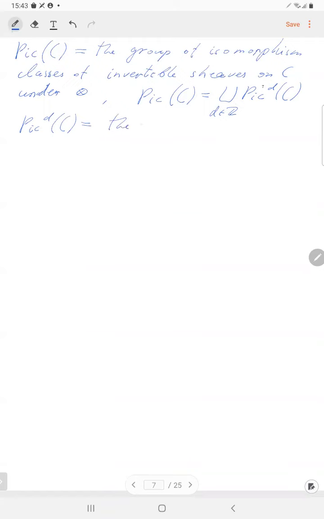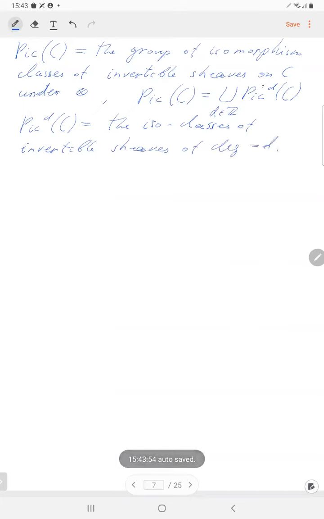So these are isomorphism classes of invertible sheaves of degree d.